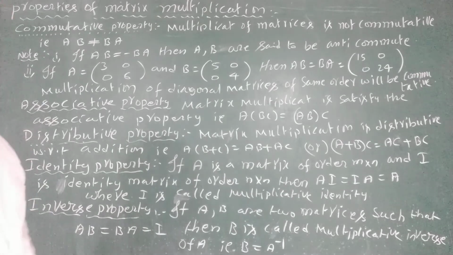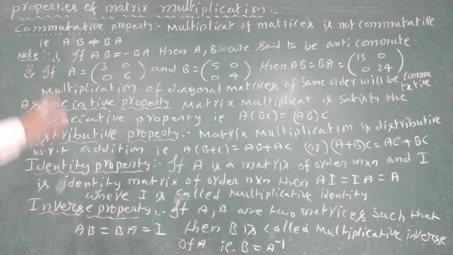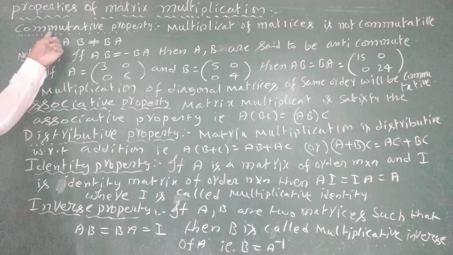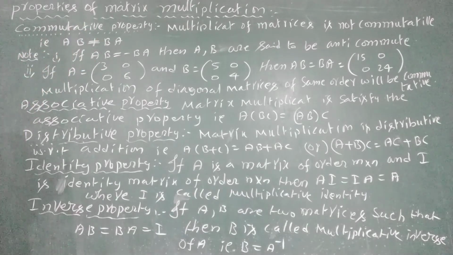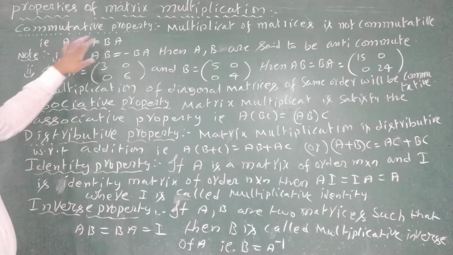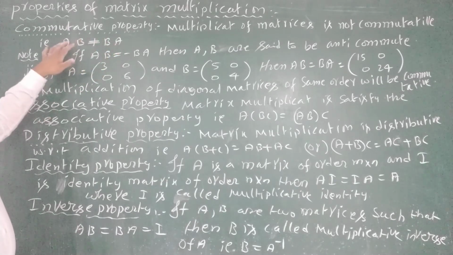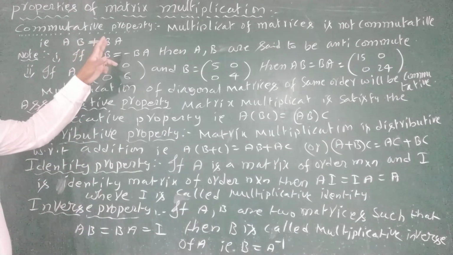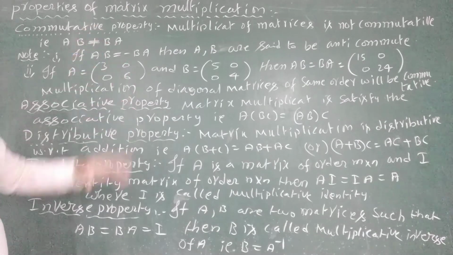That's all. So these are the properties of matrix multiplication. Matrix multiplication is non-commutative. That means if AB is equal to BA, that is commutative, but generally AB not equal to BA.